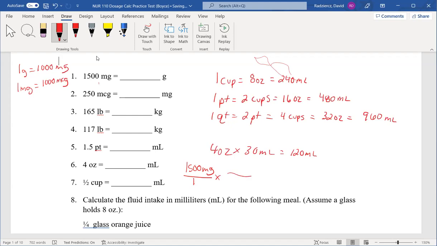I know that I can get from milligrams to grams because I know that 1 gram is 1,000 milligrams. The reason I always like to show dimensional analysis is because it keeps you from making the mistake of multiplying when you should be dividing and dividing when you should be multiplying. So I may have just said the same thing twice, but you want to make sure you're consistent until you get really good at it.